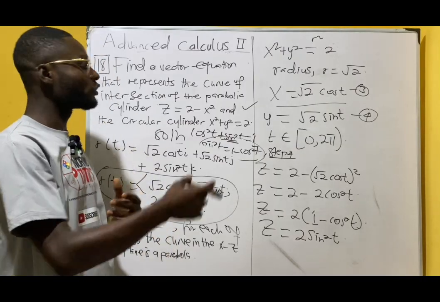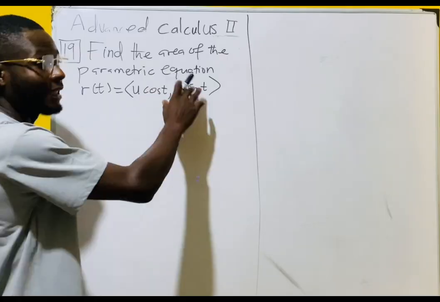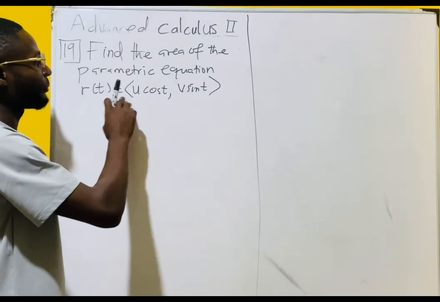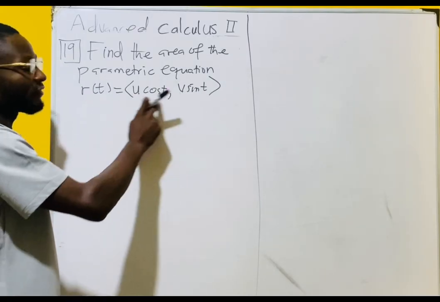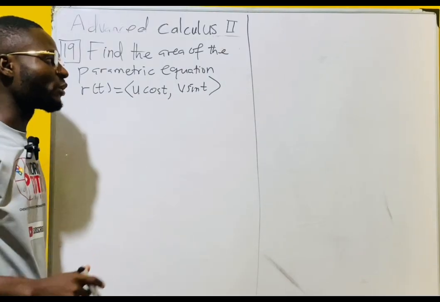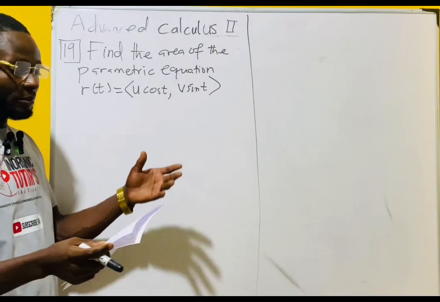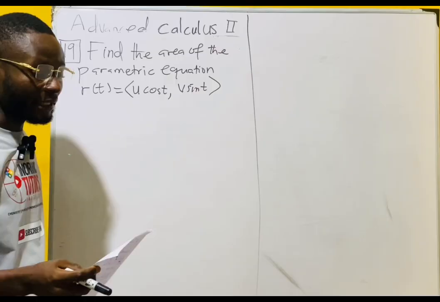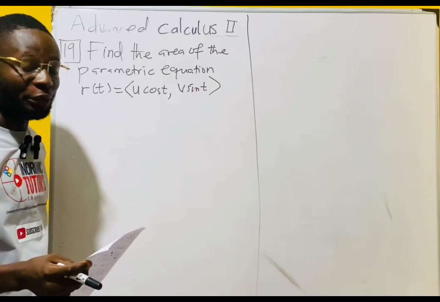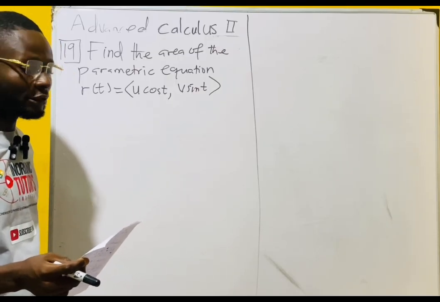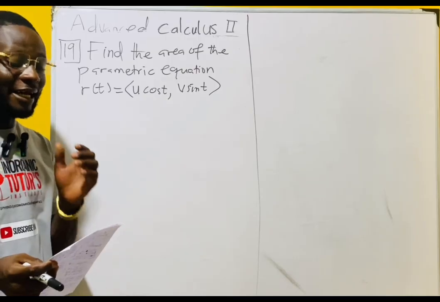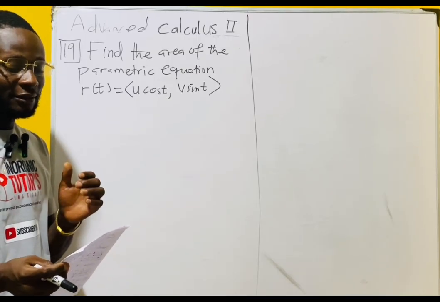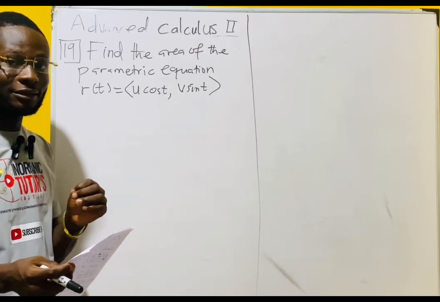Okay, now let's move on to question number 19. We want to find the area of the parametric equation given this. With this kind of problem, first of all, you have to understand that cos and sine are periodic functions with period 2 pi, so they trace the entire ellipse once.